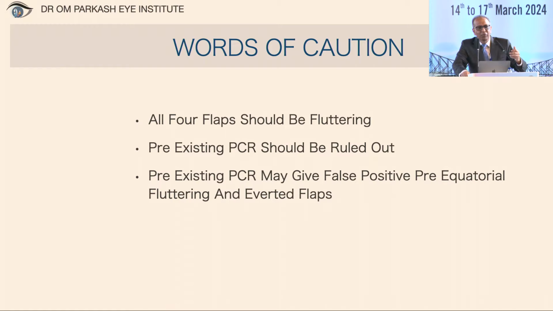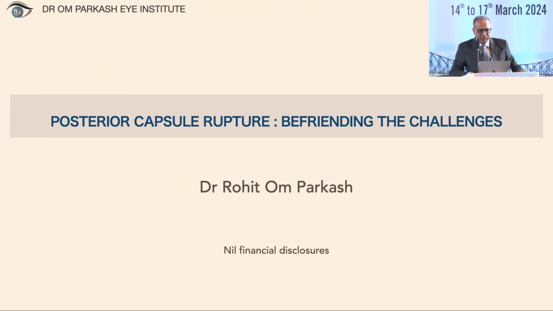The flap was fluttering, but still, there was a PCR, and I knew this PCR is because there was a pre-existing defect. So friends, we should be sure that the pre-existing PCR should be ruled out. Pre-existing PCR may give false positive pre-equatorial fluttering and everted flaps.